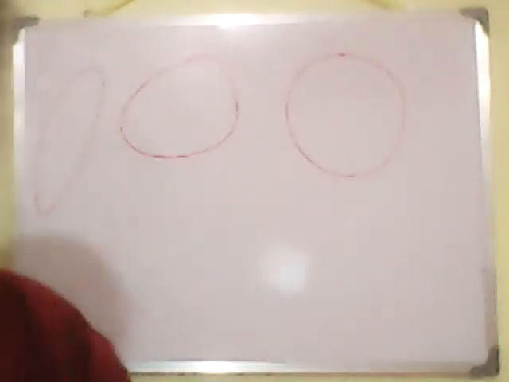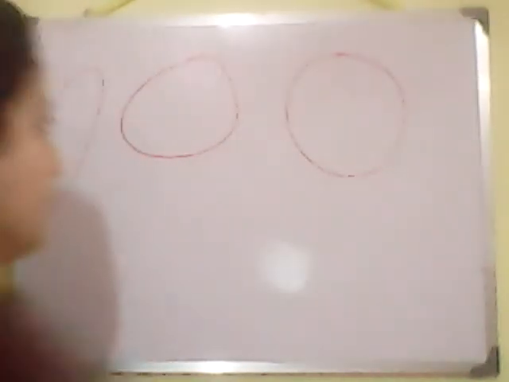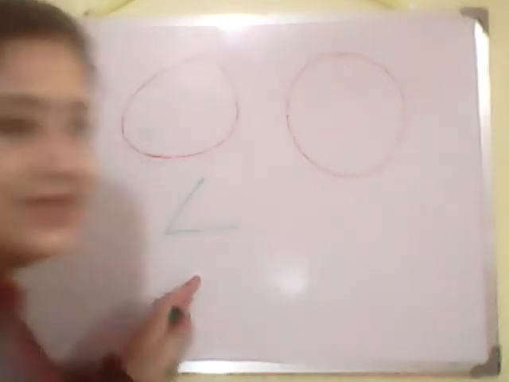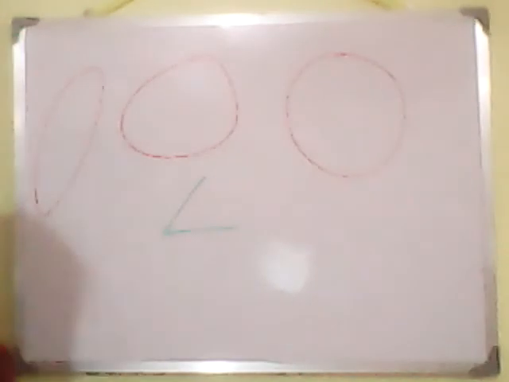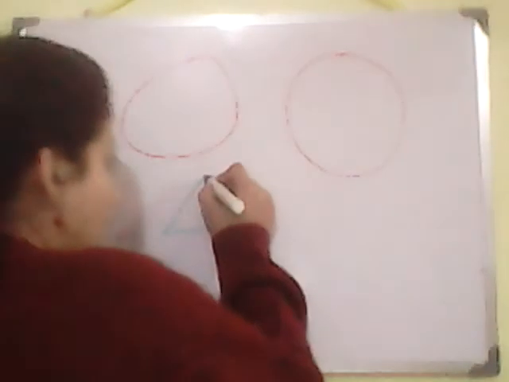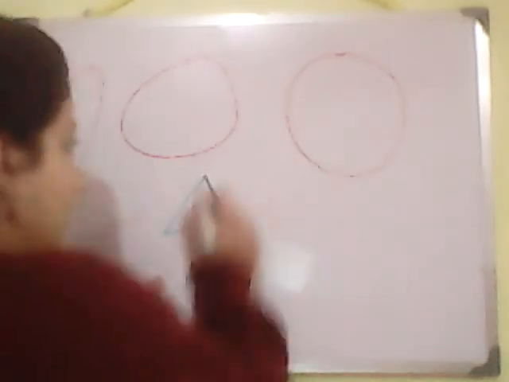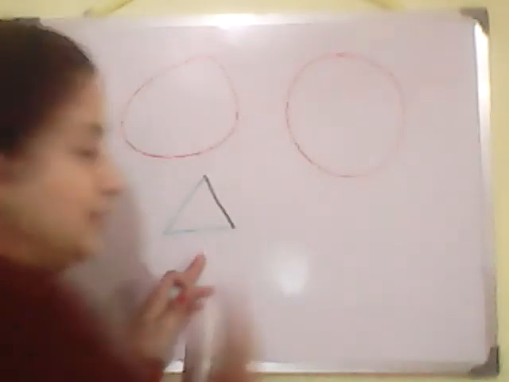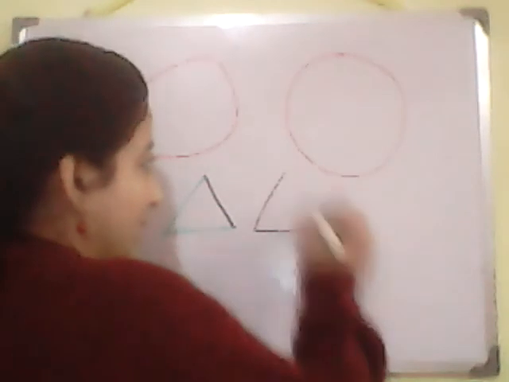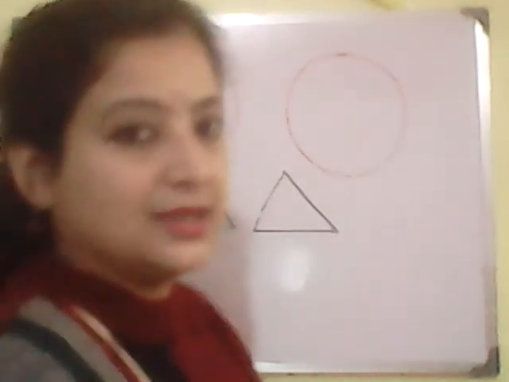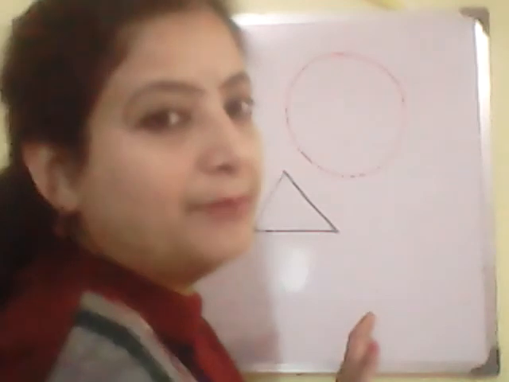But in the case of straight lines, at least 3 straight lines are needed, because this is 1, this is 2, and still it's not at all bounded. To make it bounded, 1 more straight line is needed. Now it is totally bounded. So for straight lines, at least 3 are needed to make a bounded figure.